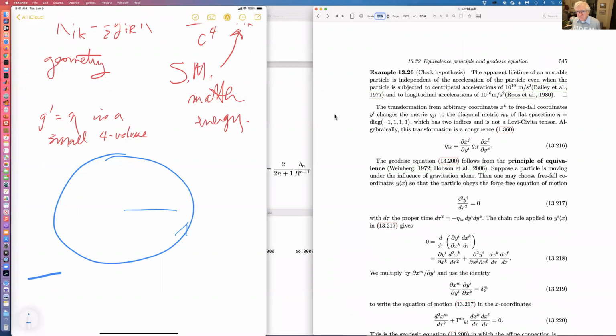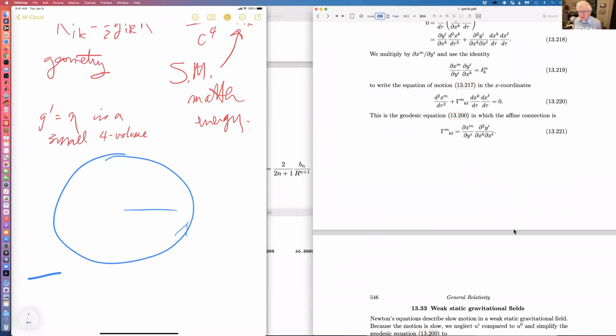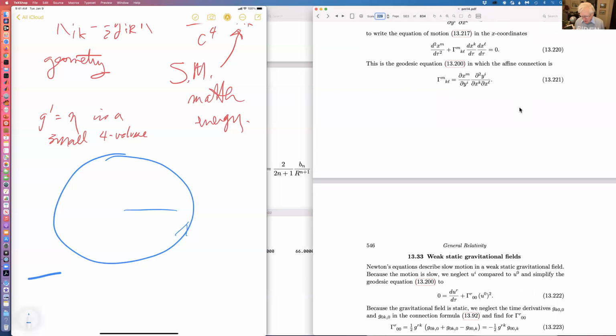If you apply the principle of equivalence, or you apply the principle of least action, in both cases you get an equation like this: a particle in a gravitational field follows this sort of equation, where tau is a parameter that labels points on the trajectory, or it could be proper time.